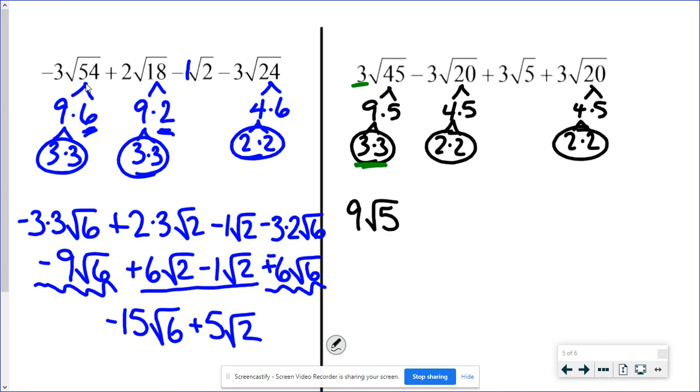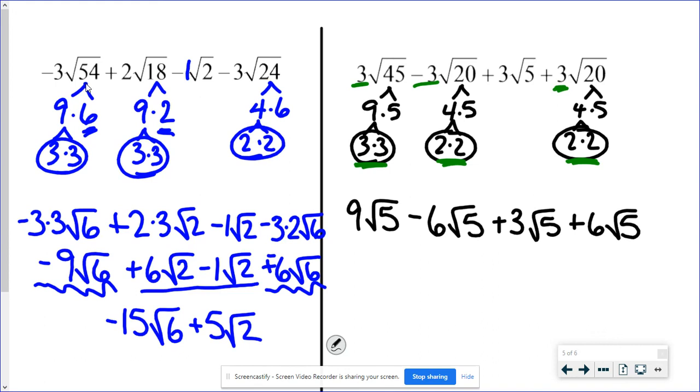If that makes sense to you, and you can see the rest of this and say, well, the negative 3 up here times this 2 that breaks out would give me a negative 6 rad 5. Then I had a plus 3 rad 5. And the 3 times, remember this is just a single 2 that'll break out. That would be 6 rad 5.